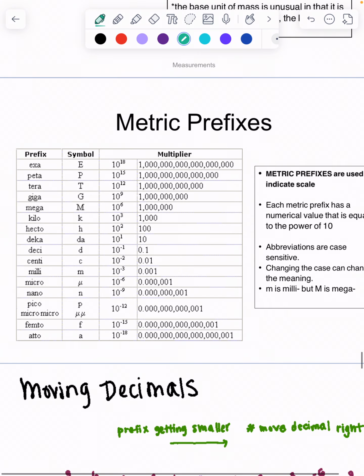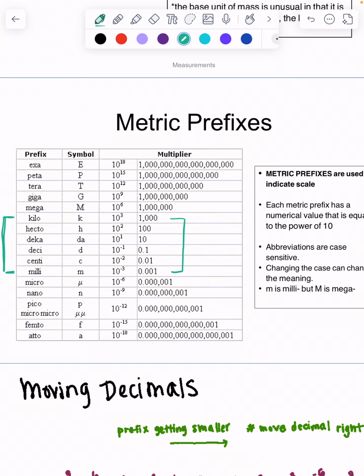There is a spot in your Unit 1 handout to write these down and start to learn them. I would like you all to know from milli, which is 10 to the negative 3, all the way up to kilo, 10 to the 3. So there are about 6 different prefixes that we have to learn, and how to convert between them.